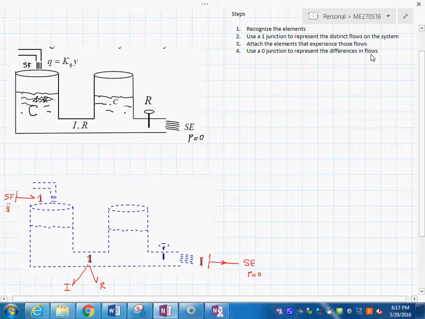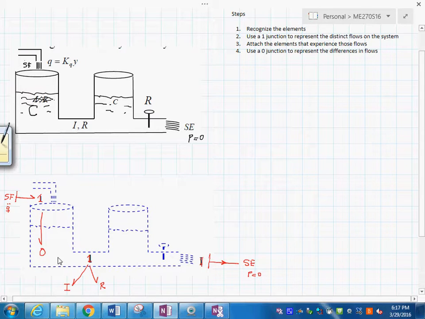So you could say this flow minus this one, this is going to be, let's call it like this. I think at this point we need to put numbers.